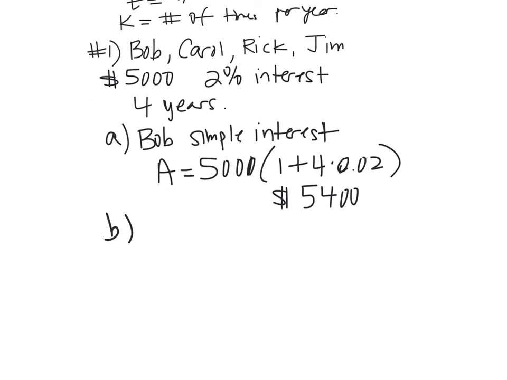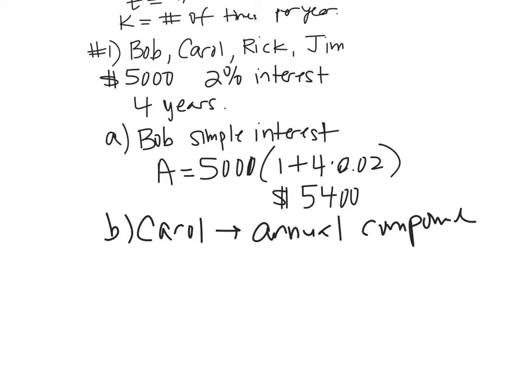All right, letter B. Now Carol, she's going to compound annually. Annual compound. So that's our nice formula that we're all used to. So we're going to go A equals 5,000 times 1.02 to the 4th power.